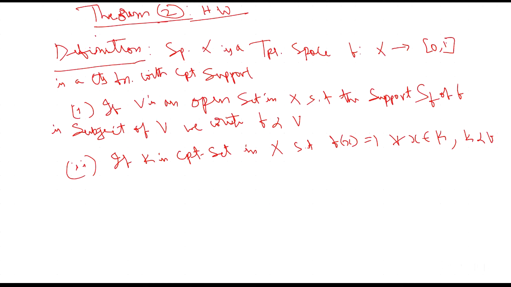In the above notation, K precedes f precedes V means K is a compact set.